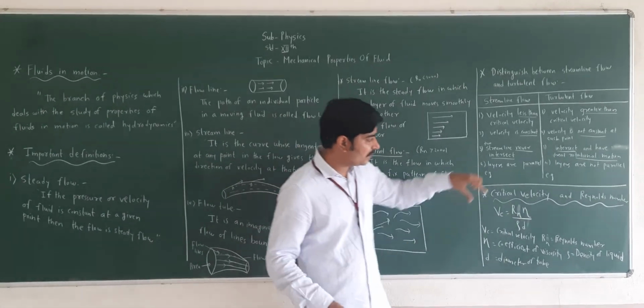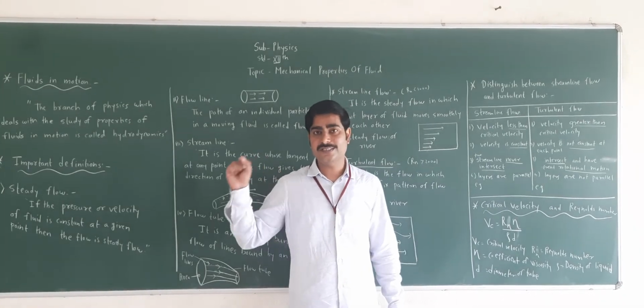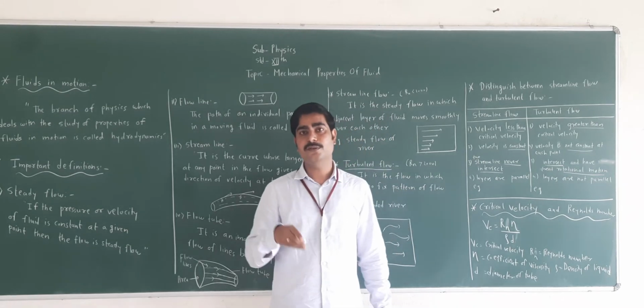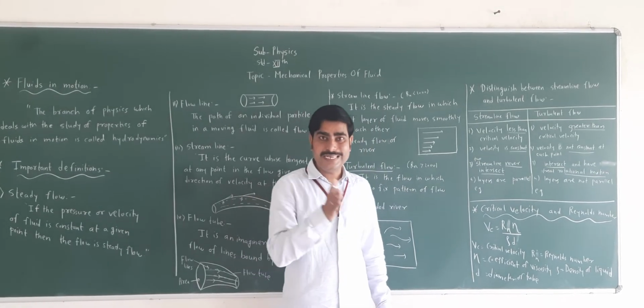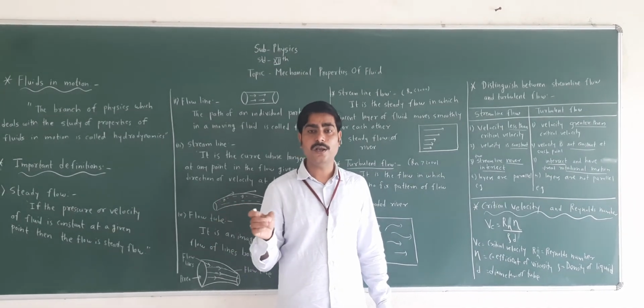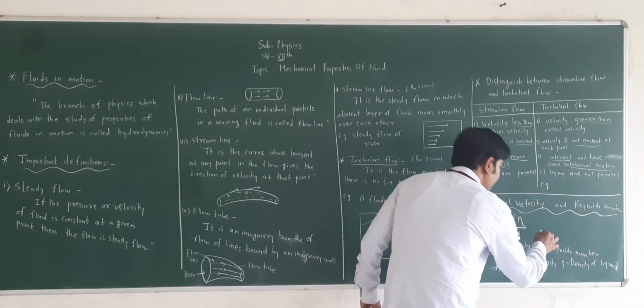Friends, next is the Reynolds number. The question may be asked: define Reynolds number. So what is the definition of Reynolds number? Reynolds number is a pure number which indicates whether the flow of liquid is streamline or turbulent. And we can derive the formula here.